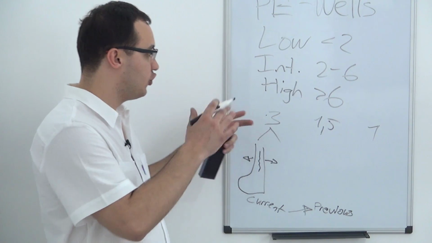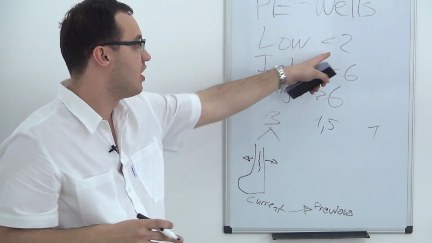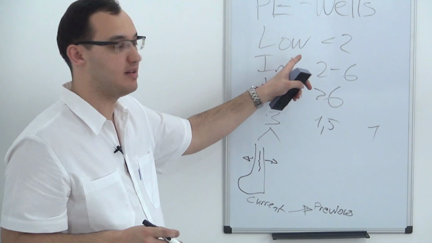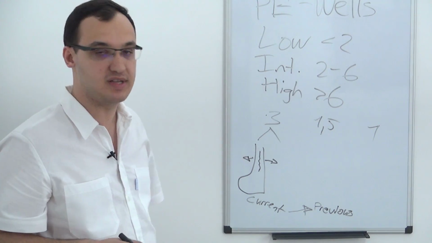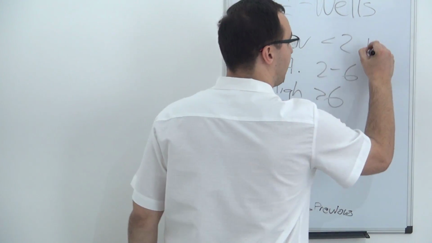And in order for you to appreciate this low, intermediate, and high, I need to explain why this is important. If you have low probability, this is probability. If you have low probability of pulmonary embolism, then we need to do something called PERC.